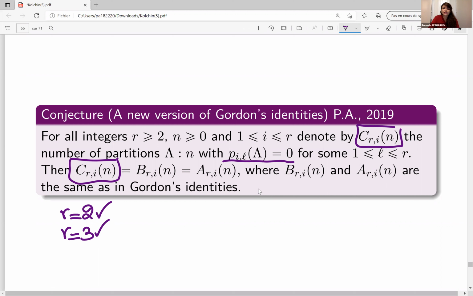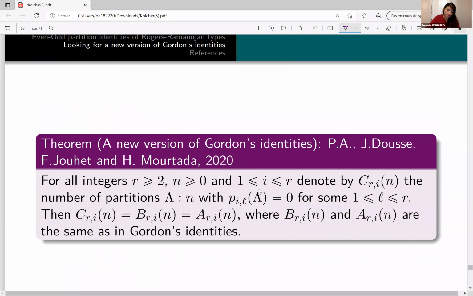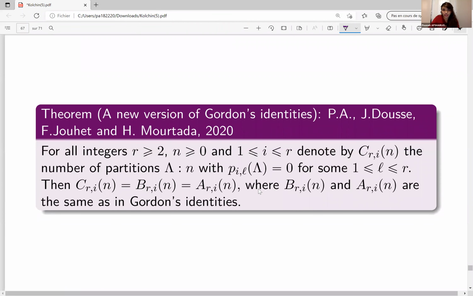And proving that C3I of Mn verified the third equation was not at all easy, like the case r equal to 2. But for the case r greater than or equal to 4, I couldn't prove it before my defense. But after my defense, we proved it with Jehanne Dousse, Frédéric Jouhet, and Hussein Mourtada. And now we know that CRI of n is a new member of Gordon's identities.